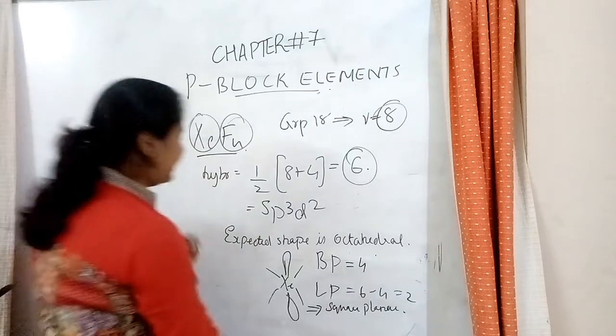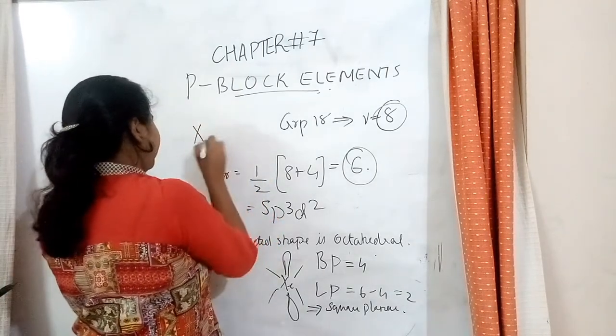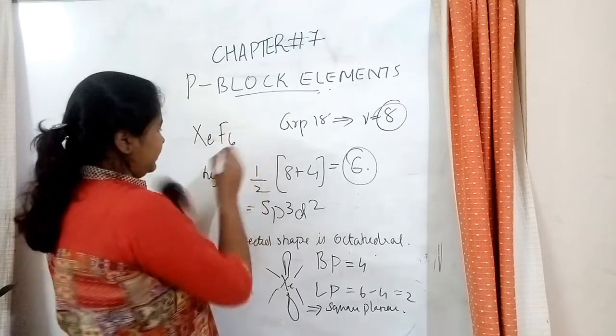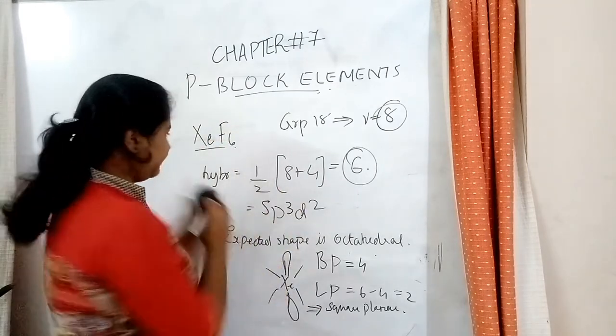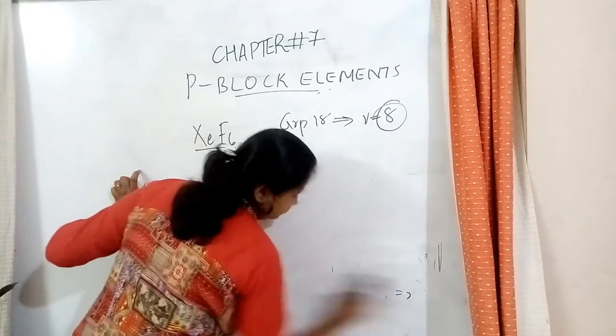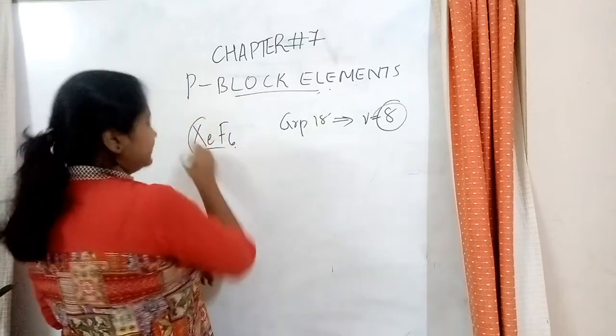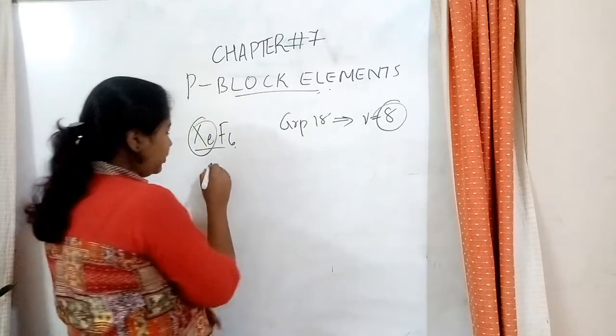So the next one is XeF6. I hope this is clear. I'm just rubbing this out. So let's write. What is the central atom? The central atom is always xenon, and the hybridized state is what we are going to find out.